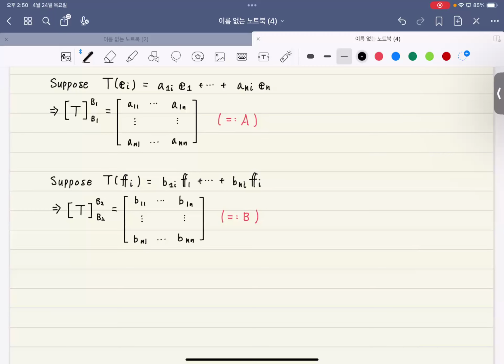Those 2 matrices A and B are referring to the same linear transformation if and only if you can find another non-singular matrix M such that A equals M inverse times B times M. In other words, if those 2 matrices are similar, then they are referring to the same linear transformation.